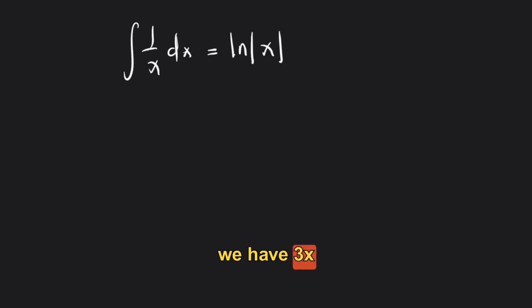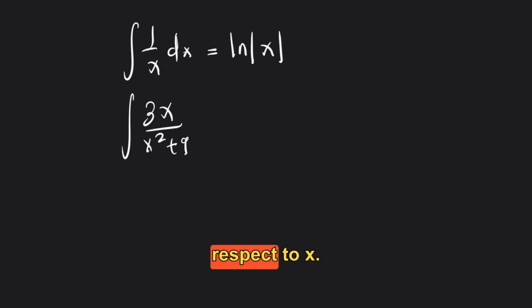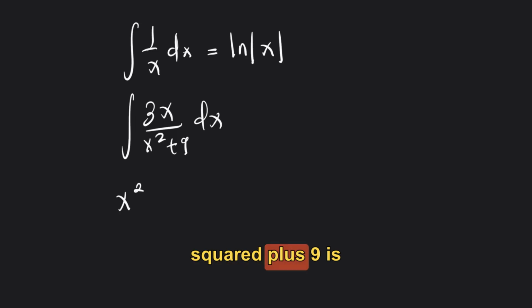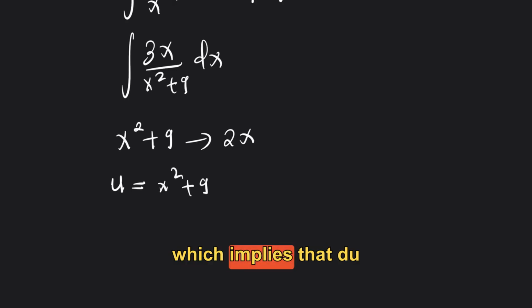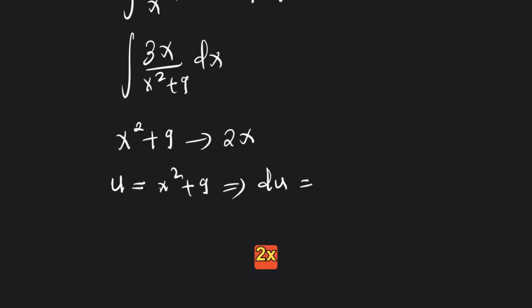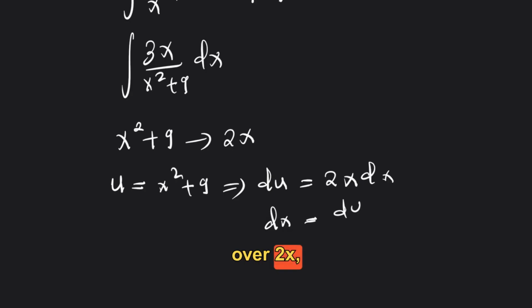Now for the second part, we have 3x divided by x squared plus 9 with respect to x. One thing that you observe is that the derivative of x squared plus 9 is 2x. We can make a u substitution. u is equal to x squared plus 9, which implies that du is equal to 2x dx. So dx is equal to du over 2x.